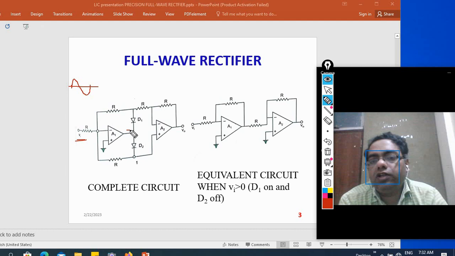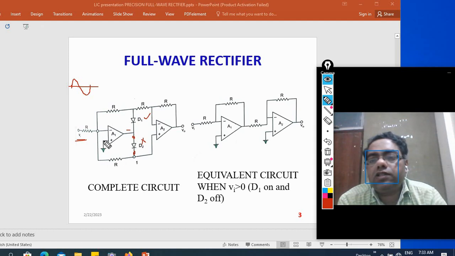So the voltage is negative enough to drive diode D1 on, and D2 becomes off. Off means we can replace it by an open circuit, so this part of the circuit can be deleted.